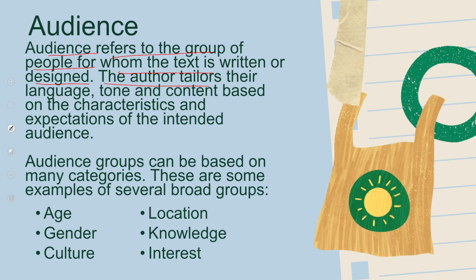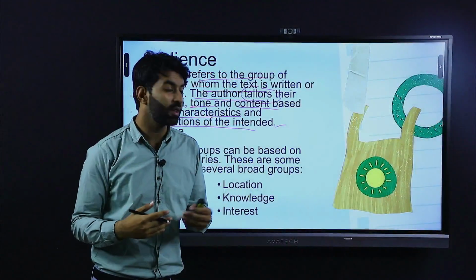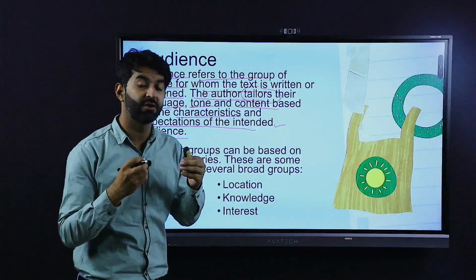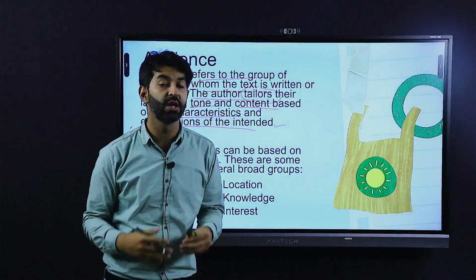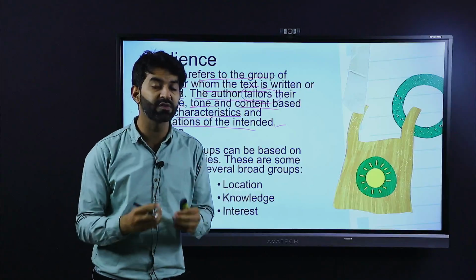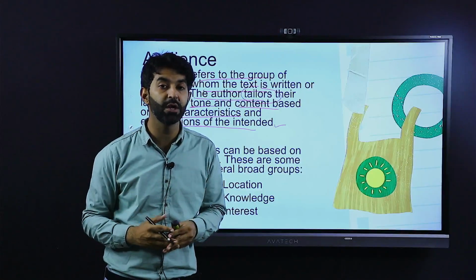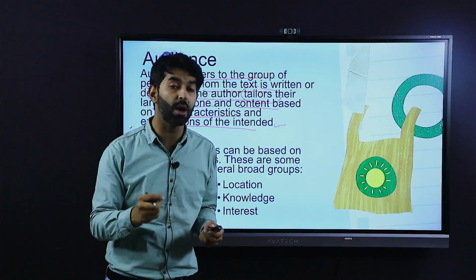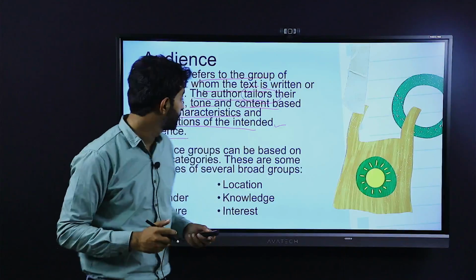The author tailors or changes their language, tone, and content based on the characteristics and expectations of the intended audience. So if the writer is writing for children, all these things will be different. If they are addressing people over 40 years of age, that whole thing, the tone, the style, the narrative will be totally different. So it depends upon the audience.